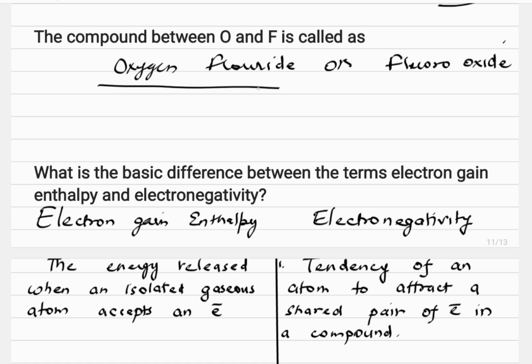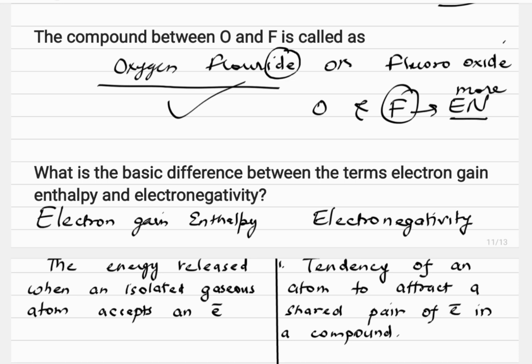It would be called oxygen fluoride because out of oxygen and fluorine, fluorine is more electronegative and therefore will assume the role of the anion. And we know that in a compound, anion is the one that gets the suffix. The suffix here is "ide." That means fluorine is acting as the anion, and that is because fluorine is more electronegative.